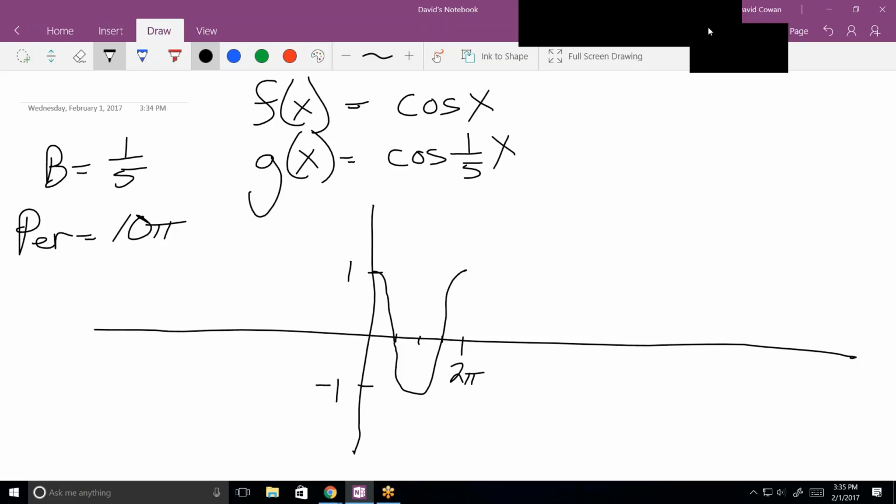Okay. Period of g of x is 10 pi. So I've got to draw the cosine curve between -1 and 1 going out to 10 pi. What's my first step? Quartering it up or halving it.